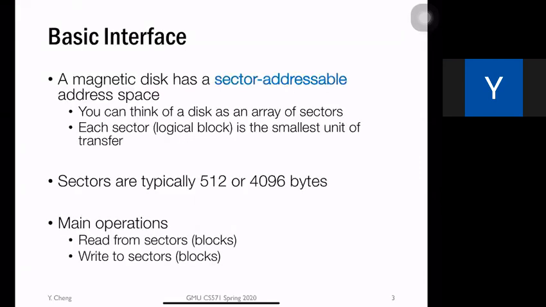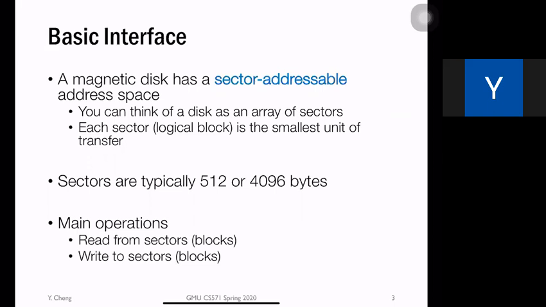what interfaces does a hard disk drive expose to the end users, basically to the operating systems, right? So a hard disk drive is a piece of mechanical hardware. You can call it a magnetic disk because a hard disk drive uses magnetic film, this kind of material, for memorizing the state, for storing the data, right?